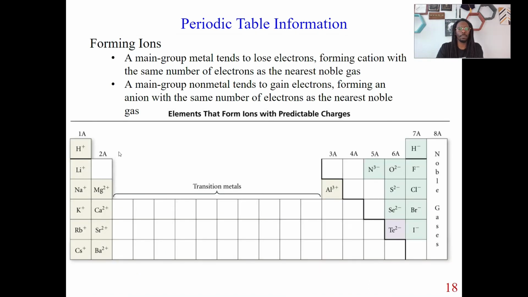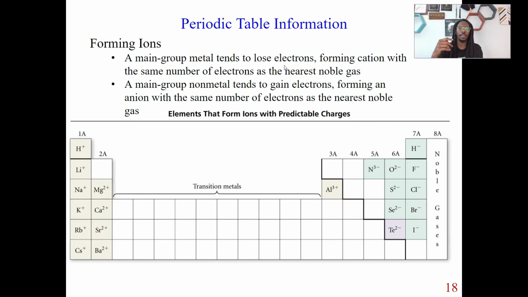Now, since we just covered the periodic table, I want you guys to start thinking about how these ions are being formed. So we've been mentioning that ions have a charge on them, okay? And that charge is coming from either you're losing electrons or you're gaining electrons. So we look here, a main group metal tends to lose electrons.